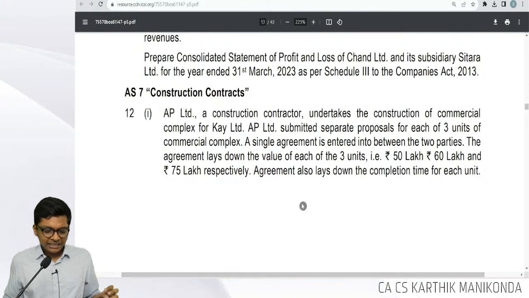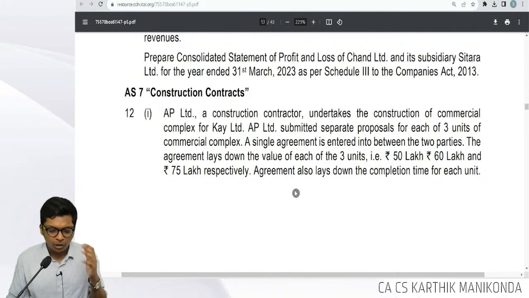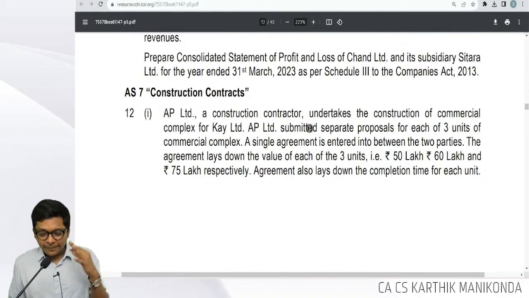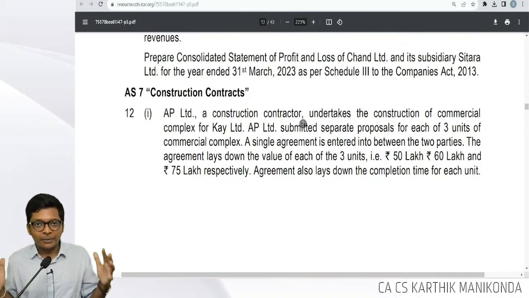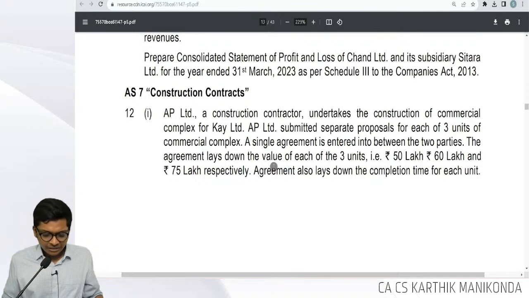What's the question? AP, a construction contractor, undertakes the construction of a commercial complex of K Limited. AP submitted 3 separate proposals for each of the 3 units of commercial complex. A single agreement is entered. It doesn't matter if agreement is single or multiple. Parties are same. The agreement lays down value of 3 units, 50 lakhs, 60 lakhs and 75 lakhs.